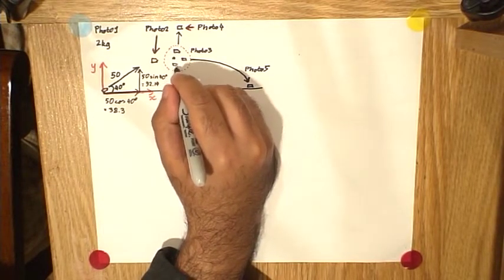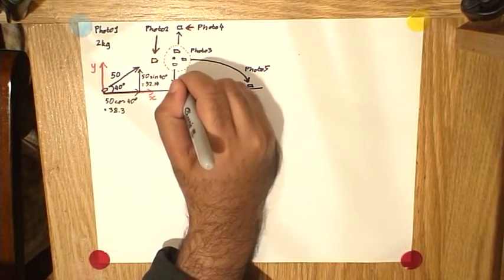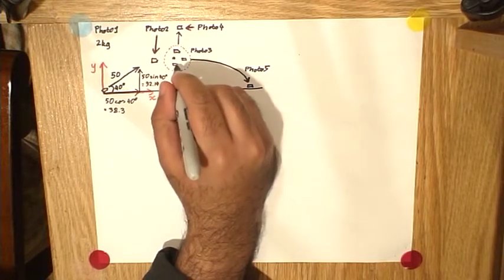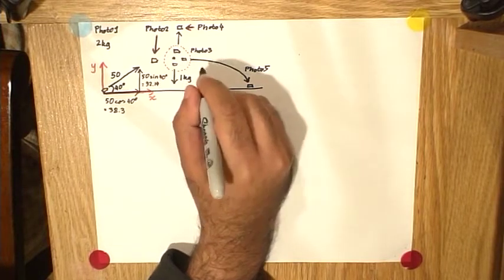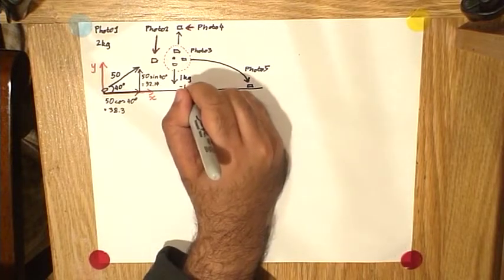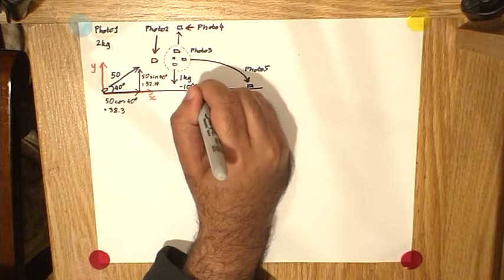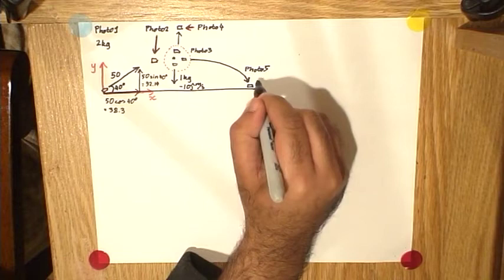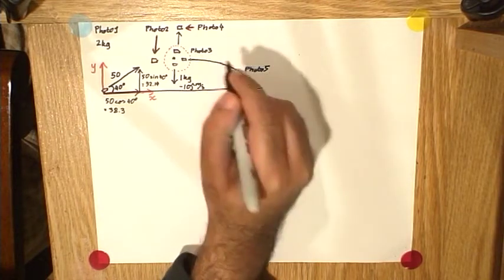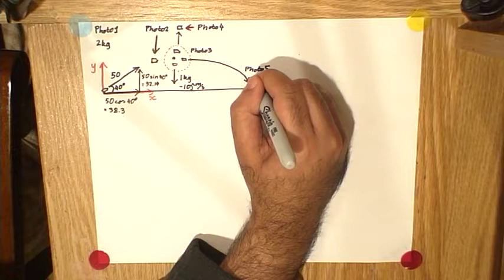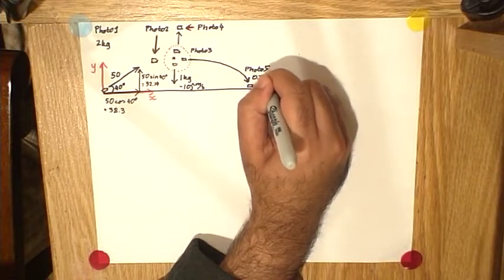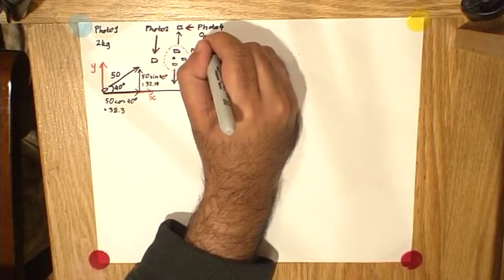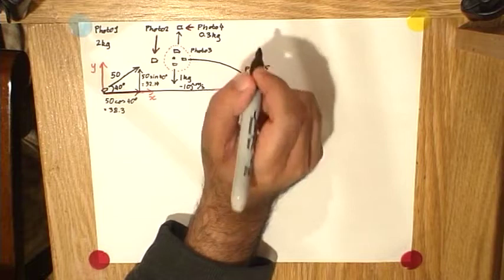Now, the fragment which traveled downwards, we were told that it had a mass of 1 kilogram and that it was traveling at an initial velocity of 10 meters per second downward, which would be negative 10 j hat meters per second. The fragment that lands in photo 5 had a mass of 0.7 kilograms, and therefore the mass that flew upwards must have a mass of 0.3 kilograms.